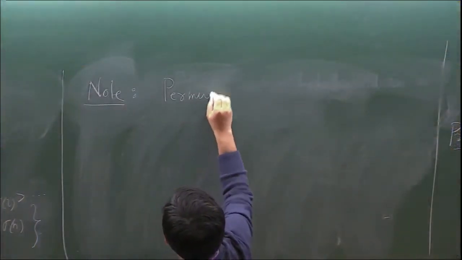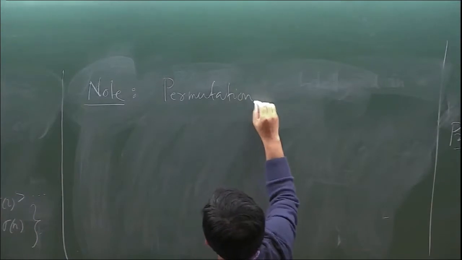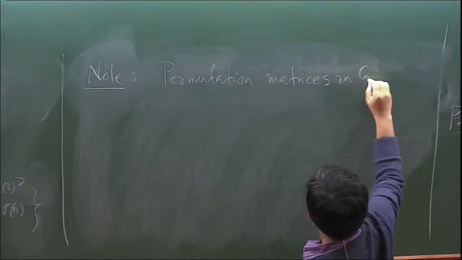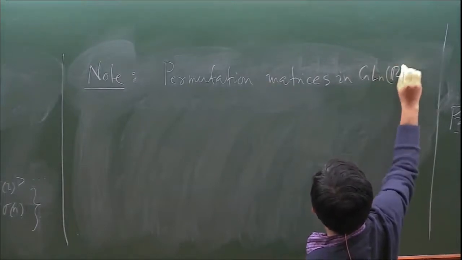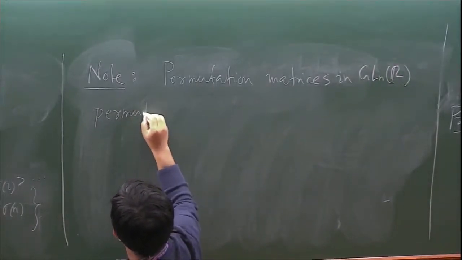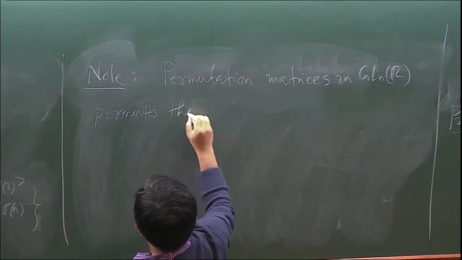And you can check that it will permute these Weyl chambers. So permutation matrices in GL_n(R) permute the Weyl chambers.